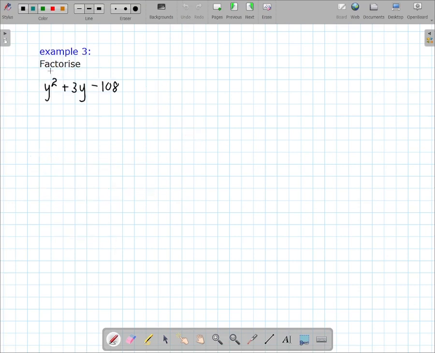Example 3. Factorize y squared plus 3y minus 108. Like before, the quadratic term coefficient is 1. 1 times minus 108, that is minus 108.